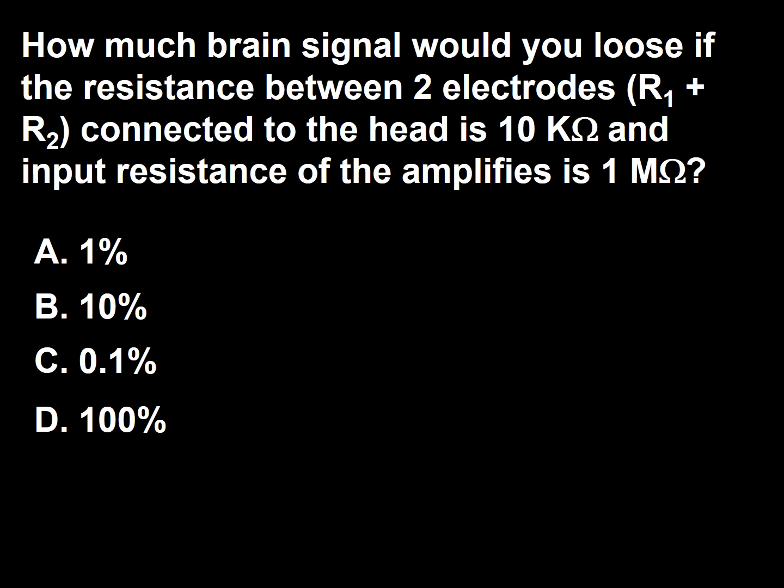Next question. How much brain signal would you lose if the resistance between two electrodes connected to the head is 10 kilo ohms and the input resistance of the amplifier is 1 mega ohms? A, 1%, B, 10%, C, 0.1%, D, 100%.